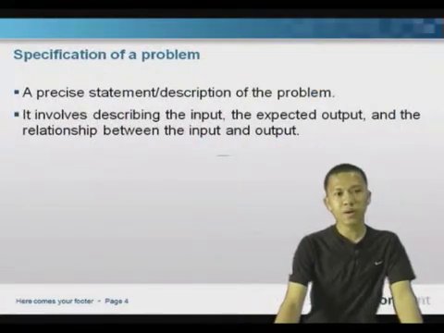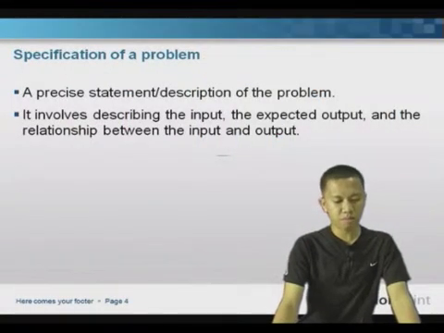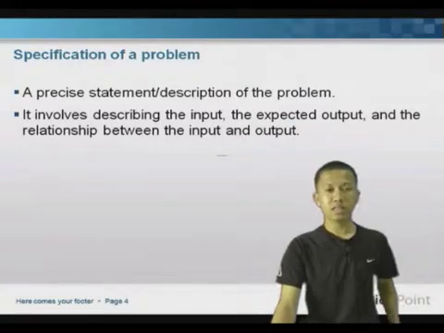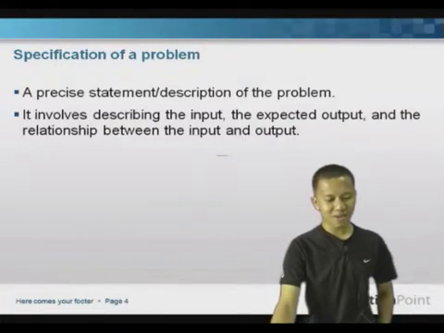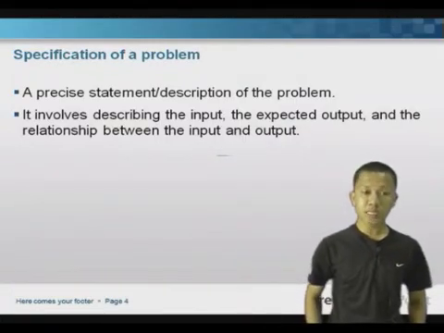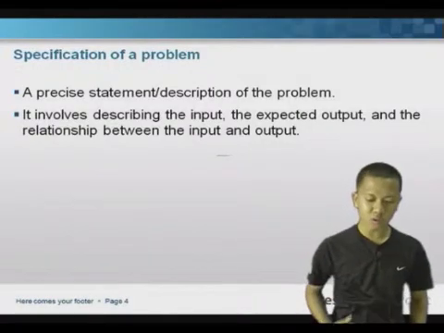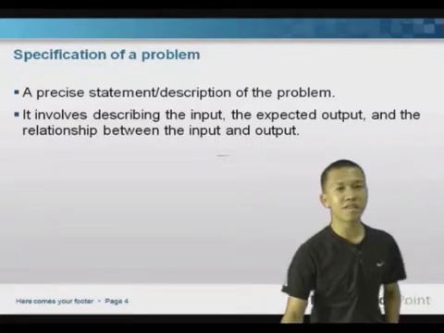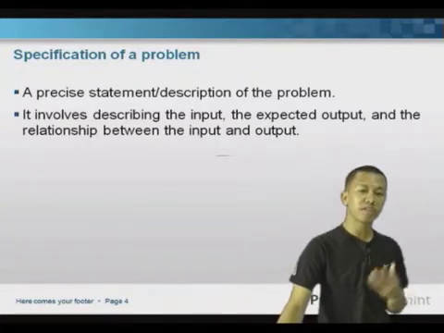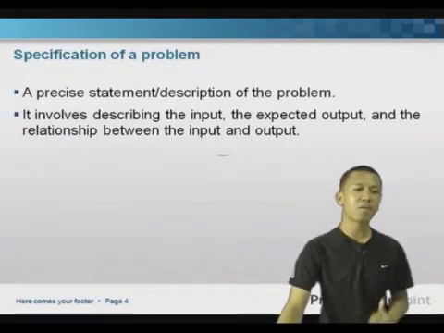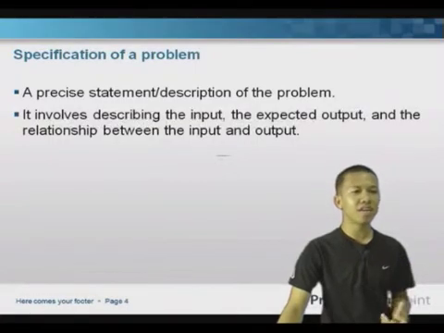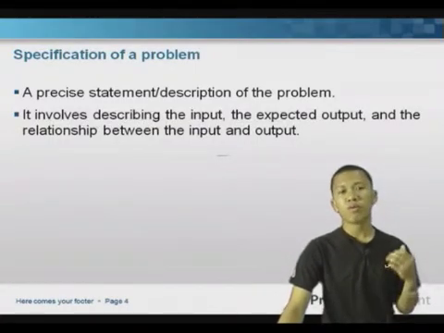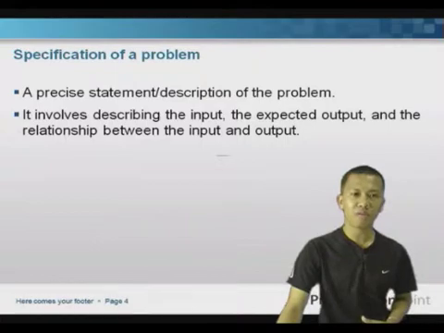The first is the specification of the problem. A precise statement, a description of our problem. It involves describing the input, the expected output, and the relationship between the input and the outputs. So first, you conduct a study in the company for some transactions and problems. I conduct a study and interview for the manual system of the company.